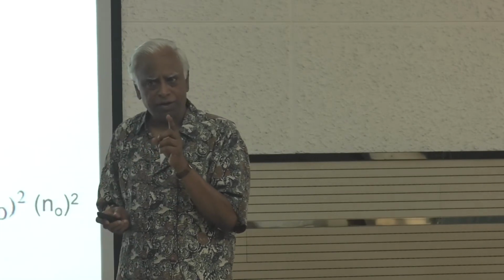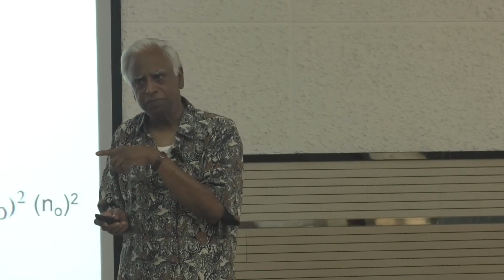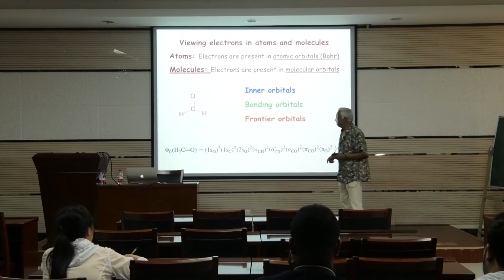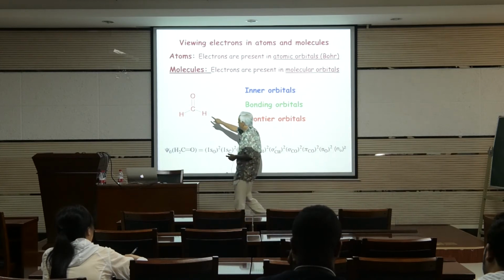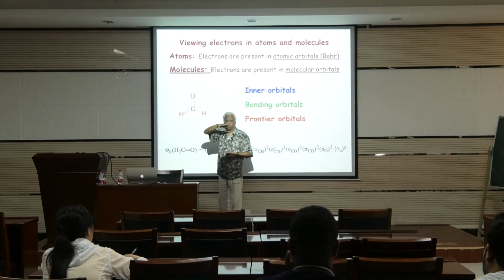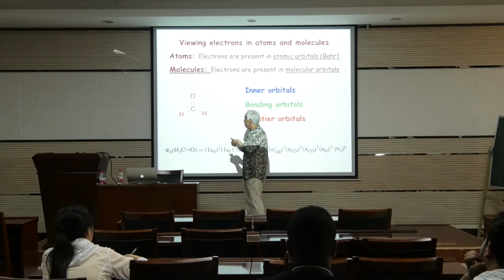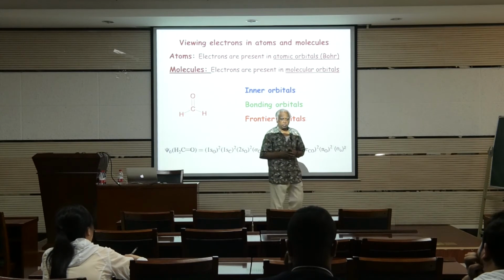When there are 4 electrons connecting carbon and oxygen, only 2 electrons will go per bond, because you cannot have more than 2 electrons in an orbital. So this will have a carbon-oxygen pi bond, and this oxygen also has what are called non-bonding orbitals.